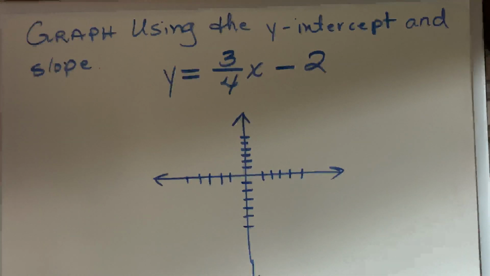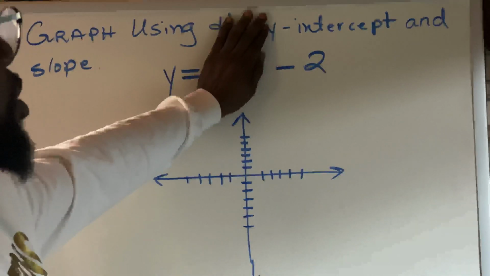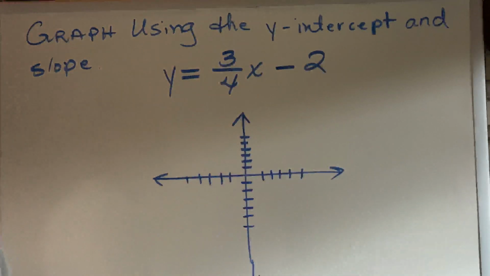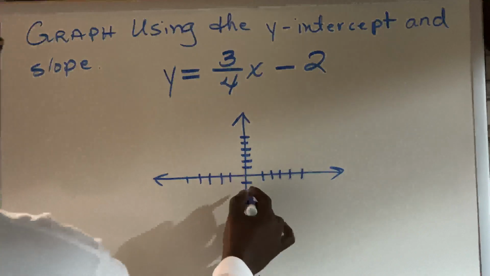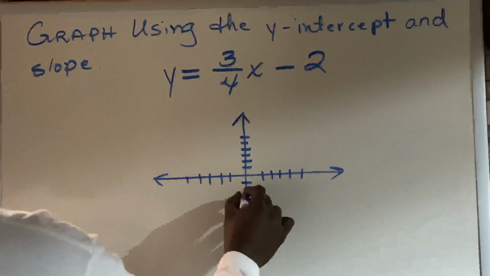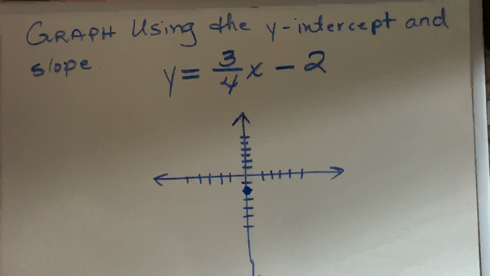The first thing we want to do is graph the y-intercept. If we were to cover the slope up, the y-intercept would be y equals negative 2. So we would go to negative 2 on the y-axis and plot our point. Now, the slope is 3/4, so 3 is the rise, 4 is the run.